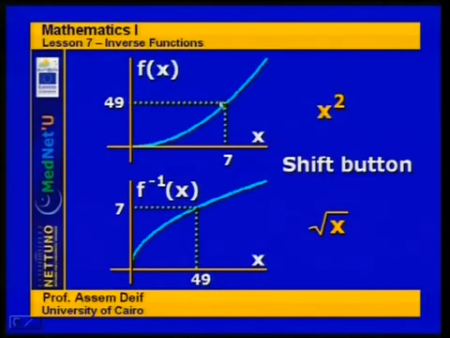Because here in this operation, which is y is equal to x squared, you have this branch here. In other words, 7 gives 49. If you wish to obtain the other answer, the other alternative, which from 49 gives minus 7, you have to consider a different function.